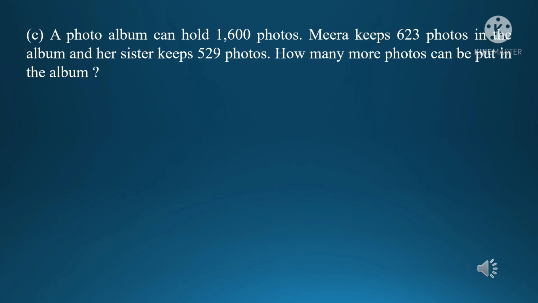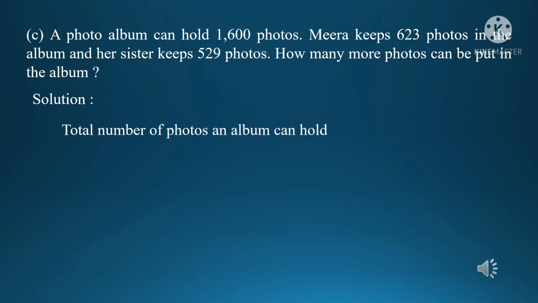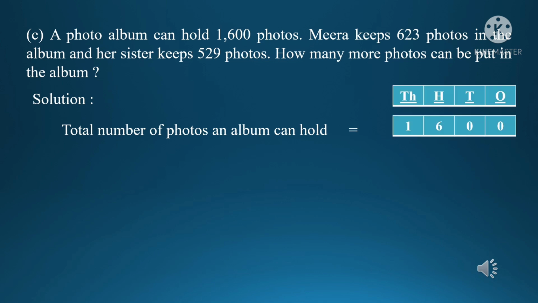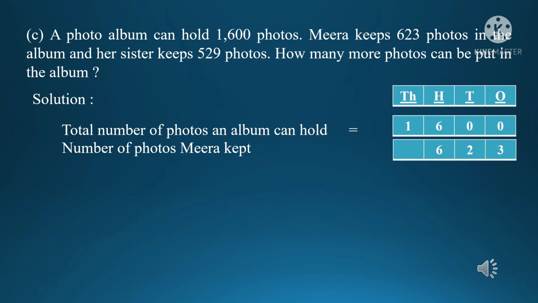So first of all, we have to find out what the total capacity is. You can see in the solution that the total number of photos an album can hold is 1600. We got it? And after that, Mira kept how many photos? It was 623, and her sister kept 529 photos already.